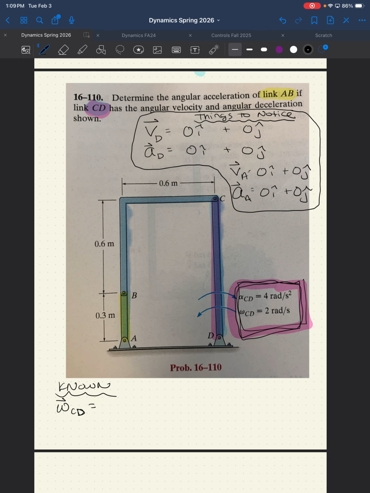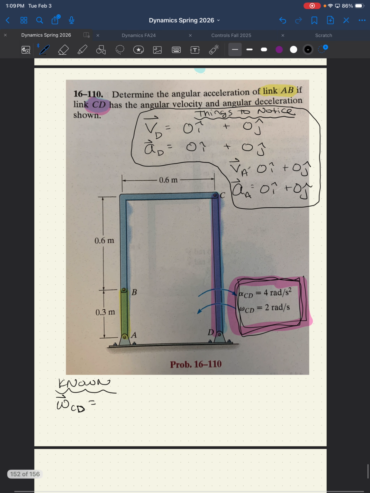Well, have I set a coordinate system yet? Oh, that's probably important. What should we use? Maybe a Cartesian coordinate system? I have no reason to think not. So we'll say X goes to the right, Y goes up, which means that Z comes out of the page by right-hand rule. Yes? That would be the positive k-hat direction.